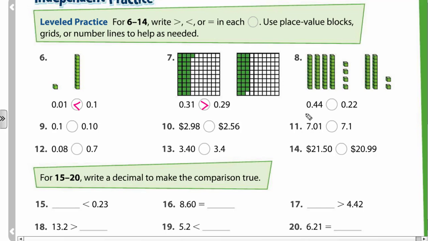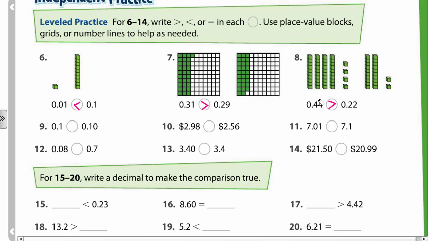Greater than or less than? Greater than. Okay, as you can see, my heroes, we have 4/10, 4/100th, and 2/10, and here 2/100th. So 4/10 is greater than 2/10. That's clear. So we say that 44/100th is greater than 22/100th. Thank you, my hero.